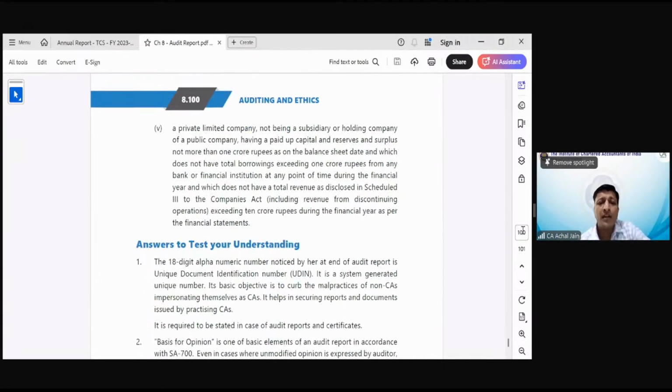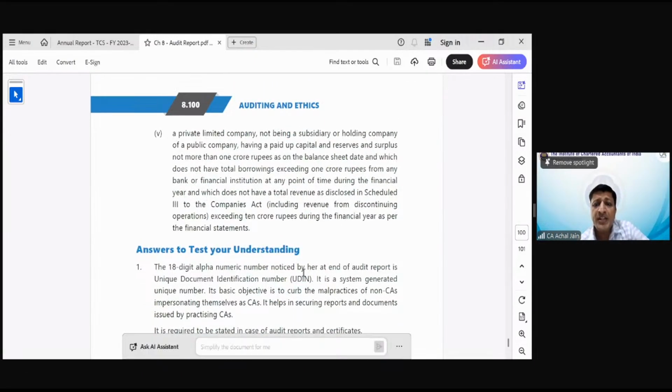The 18-digit alphanumeric number noticed by Mathili at the end of the audit report is what you call UDIN. It's a system generated unique number. Its basic objective is to curb the malpractices of non-CAs impersonating themselves as CAs. Somewhere it was observed that there were some non-CAs. The client may not know whether the other person is a CA or not.